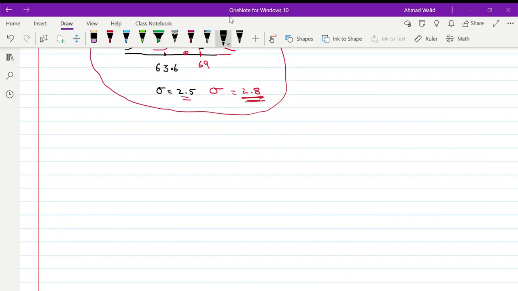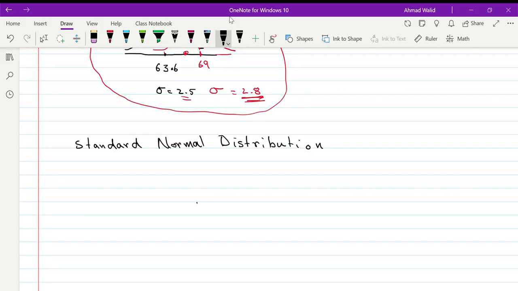What I'm talking about now is the standard normal distribution. Agree?